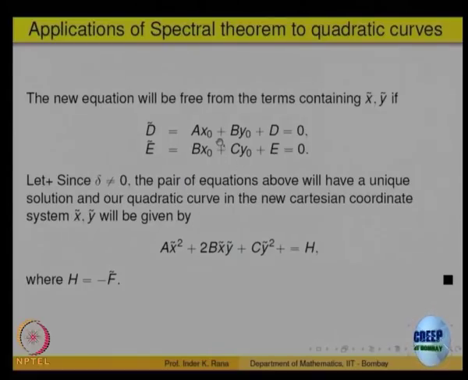If it is not 0, then you will find a unique solution; take that choice of x 0, y 0, and your equation becomes of this form, it becomes the canonical form. That is normally what we have been doing in school also, whenever you want to solve some problem in coordinate geometry, you say let us assume the origin is here, that is very common.